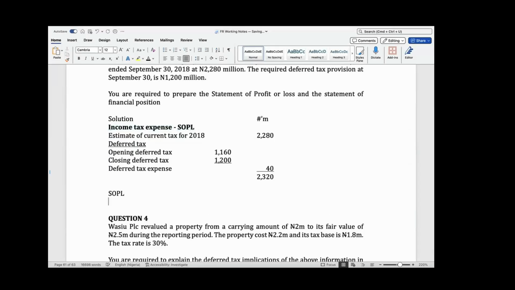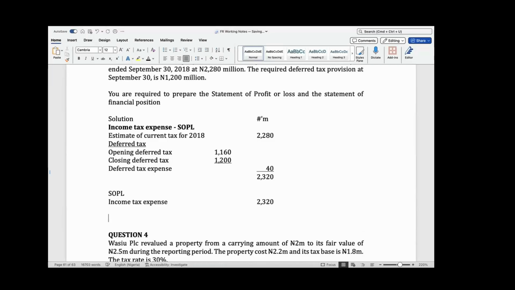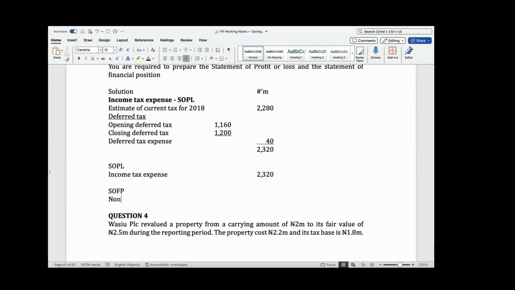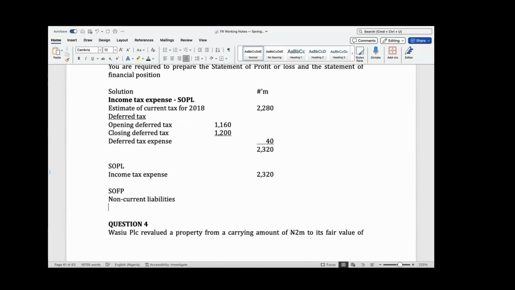If I want to prepare my SOPL, my income tax expense is simply the aggregation of the current tax and the increase in deferred tax. In my statement of financial position, under non-current liabilities, I will have my deferred tax liability, which is the closing deferred tax liability of 200.